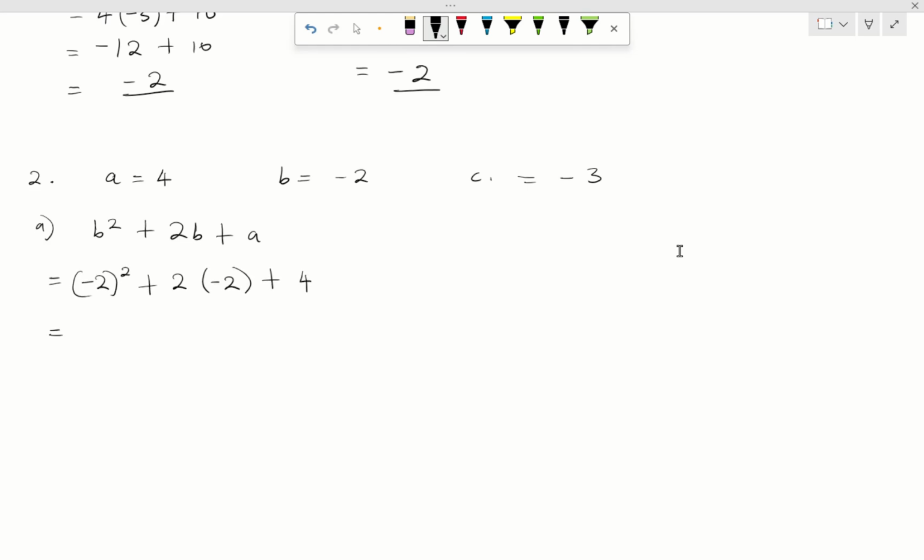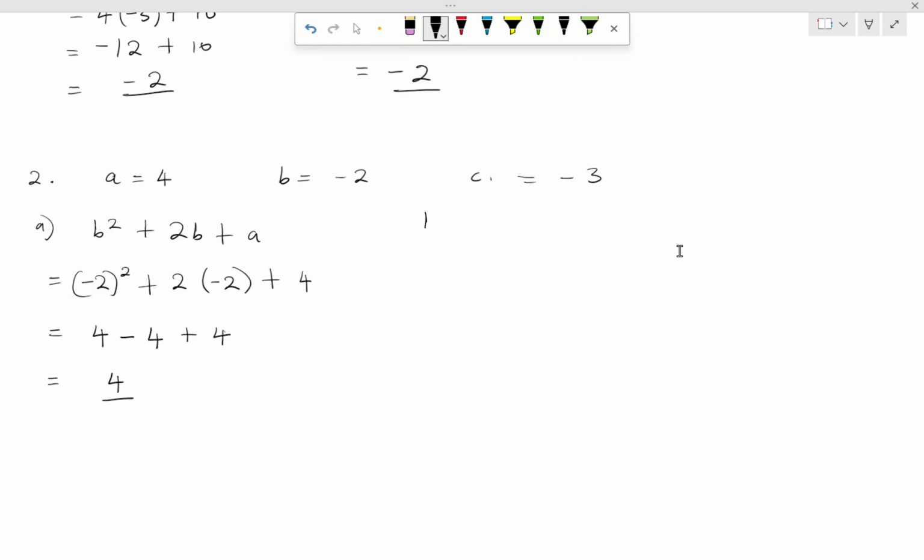So negative 2 times negative 2 gives us 4. And then we have a positive and a negative, which will give us a negative. So 2 times 2 becomes 4, and we are adding our last 4. So 4 minus 4 is 0, plus 4 gives us 4 as the final answer.